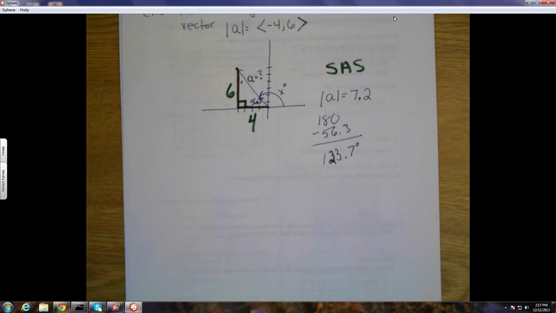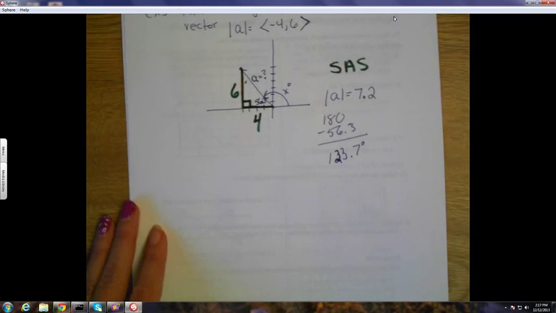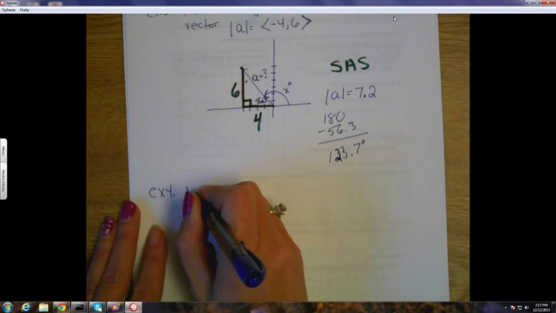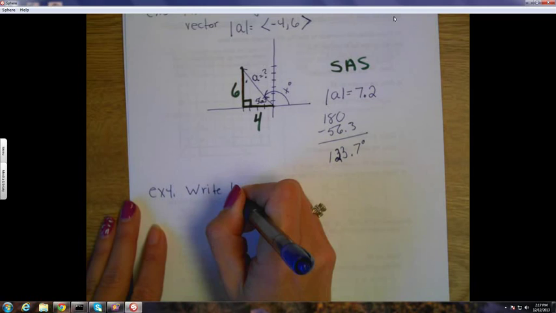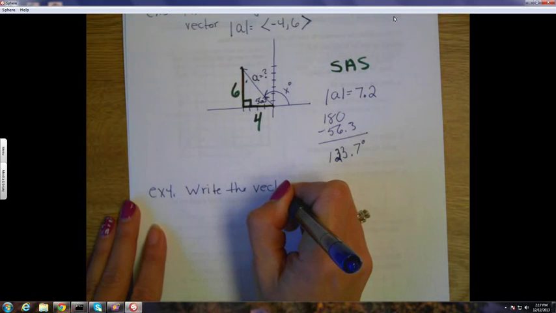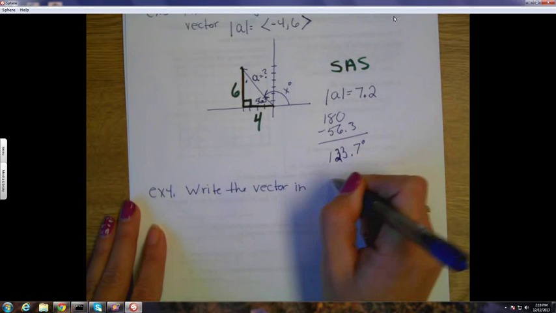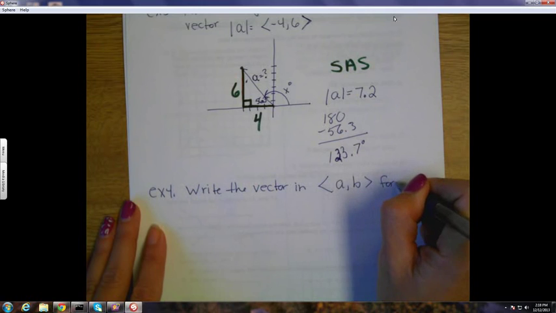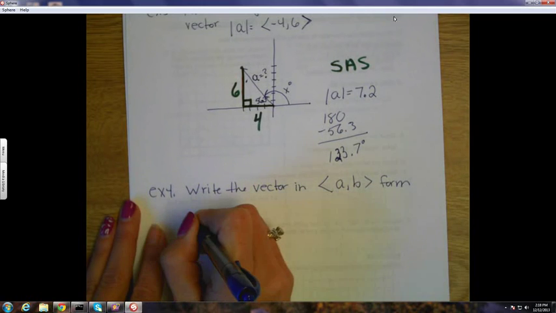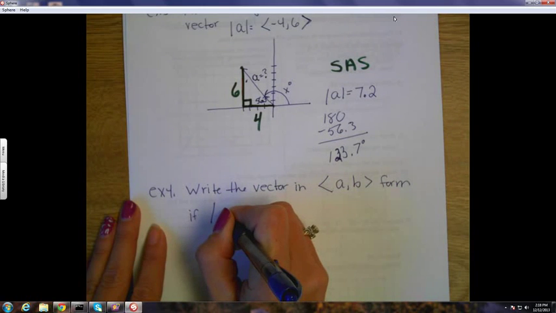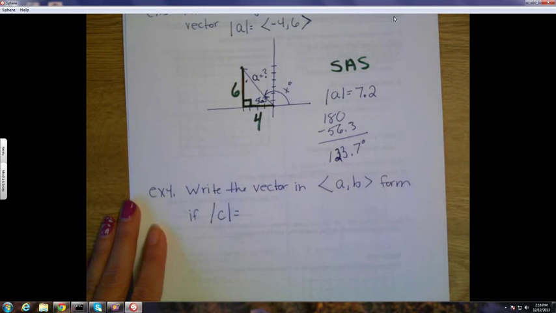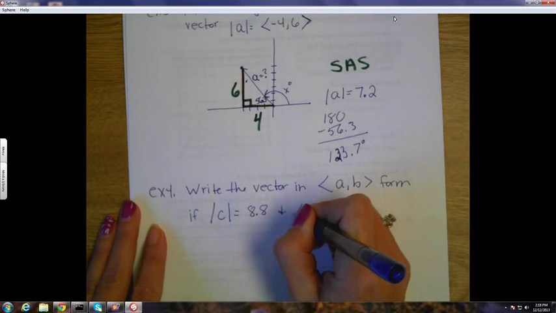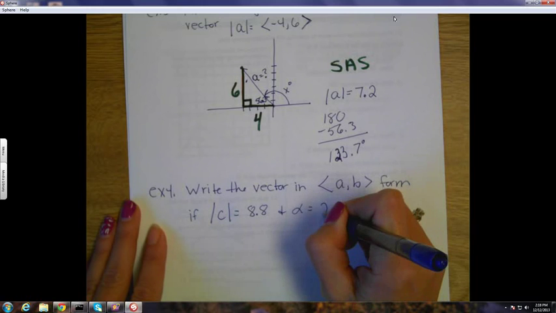Cruising right along? Okay, let's go backwards from this one. We're going to find the point, the vector in pointed bracket AB form, if the magnitude of vector C is 8.8 and the direction is 215 degrees.